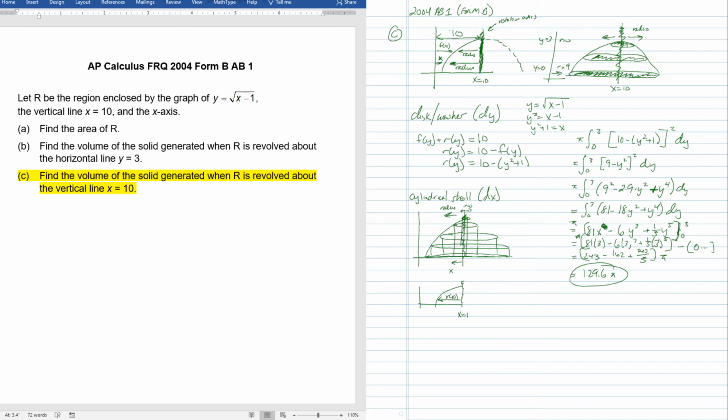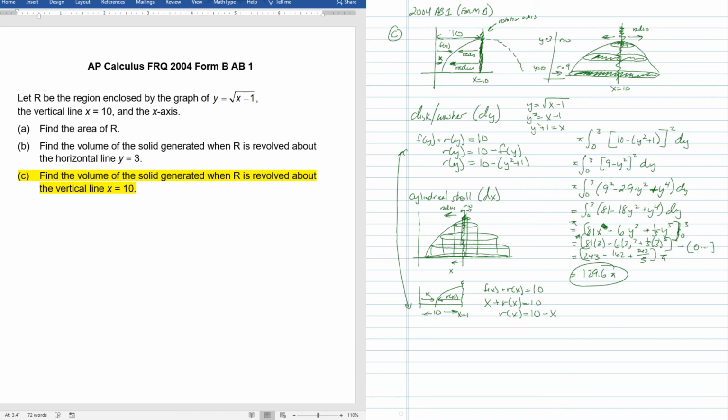Once again, x this way helps you determine where you are in terms of finding your radius, because the distance is always equal to 10. So you have x plus r of x equaling 10, which means your radius, r of x, is going to equal 10 minus x.